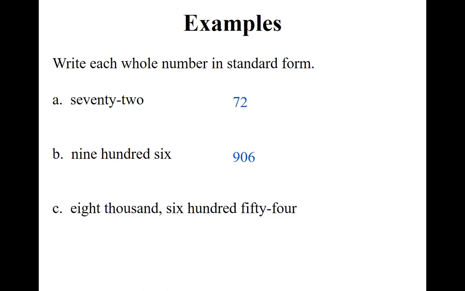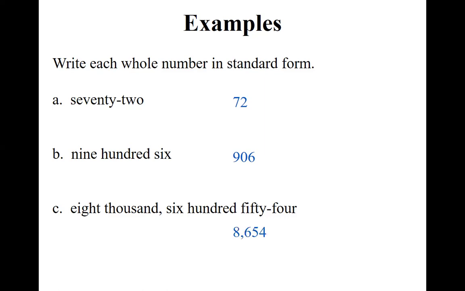Now C is the one that's going to explain the definition. 8,000 is its own period because it's separated by a comma. 8,000, we would write the number 8 and then the comma to represent 1,000. And then 654 is 654.